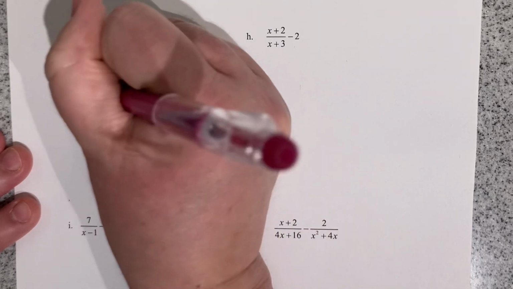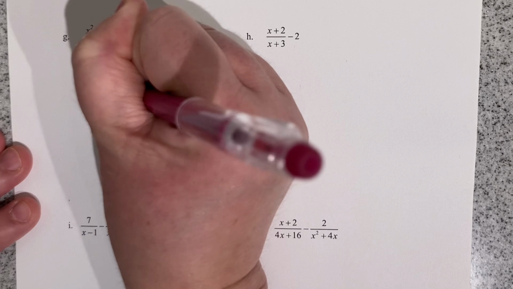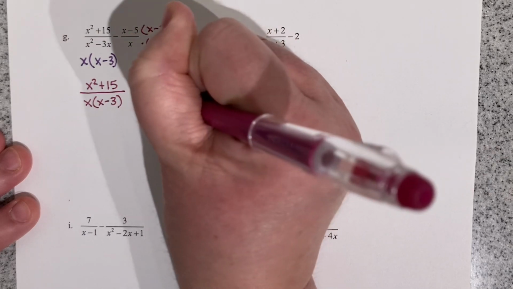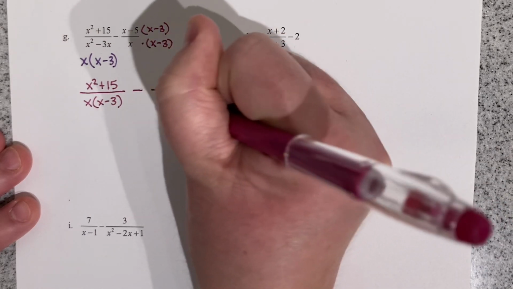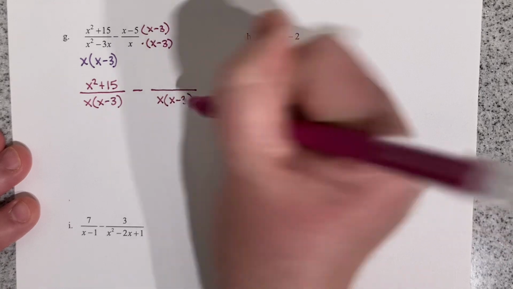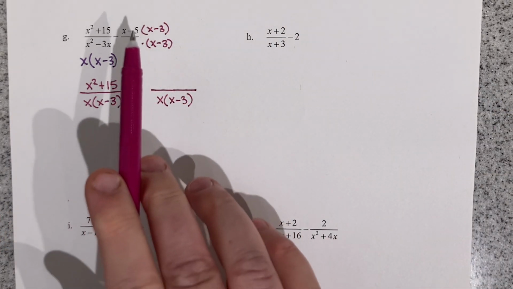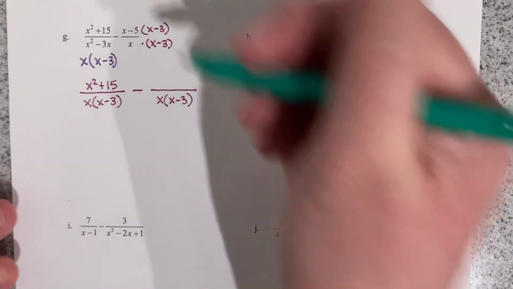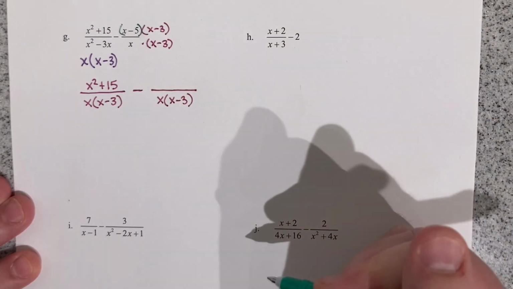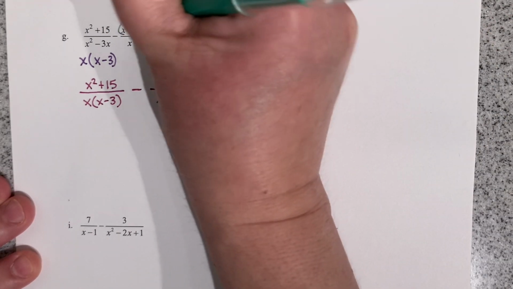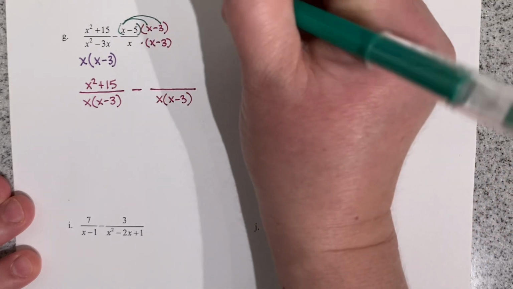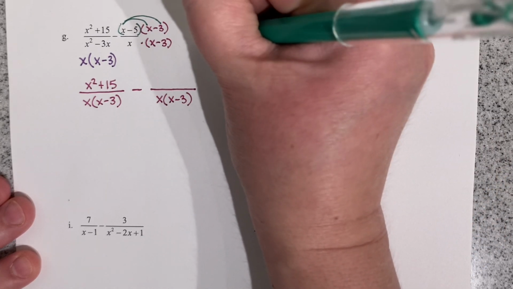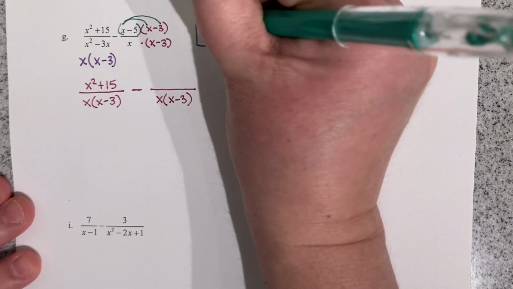Now the top of the first fraction just stays x squared plus 15 minus, the bottom is now x times x minus 3, but multiplying this numerator involves FOIL. This is a full FOIL problem. I need to multiply it all out, or you can use box method. I might use a box method on this one. I'm feeling, it's been a while since I did box method.